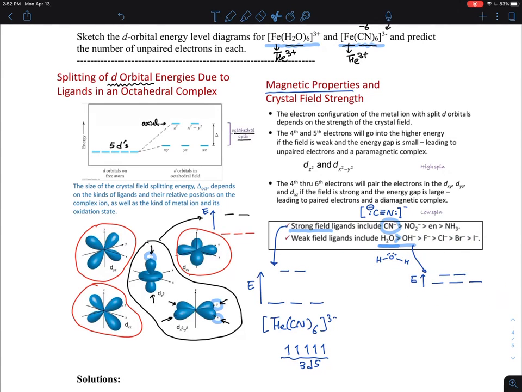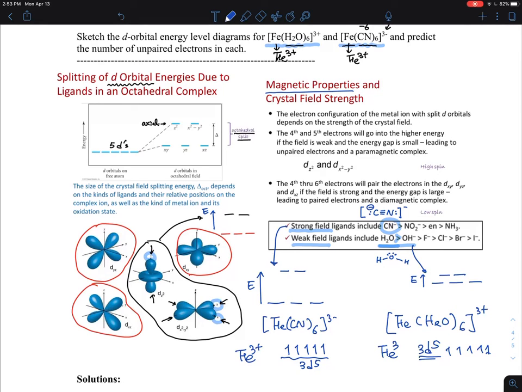This is the weak field case, the hexaaqua Fe 3 plus. Once again, this is the same Fe3+, 3d5, so 5 electrons: 1, 2, 3, 4, 5.